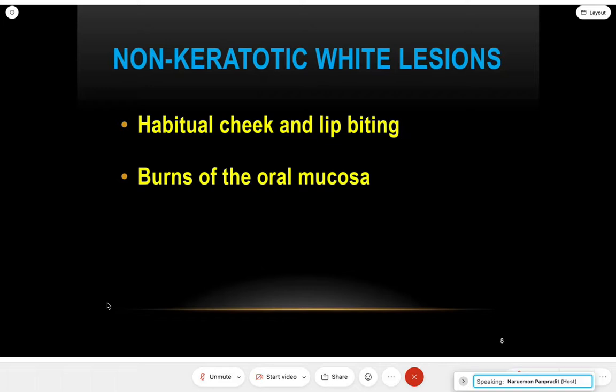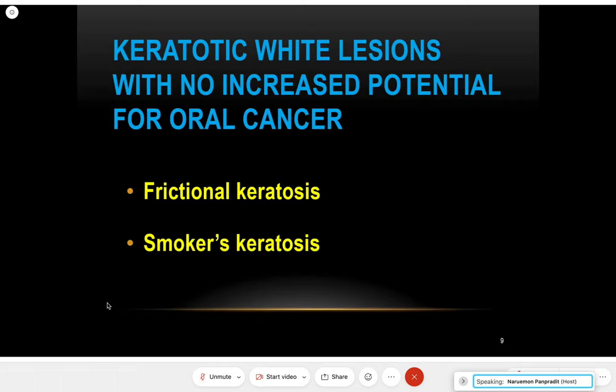Next, for non-keratotic white lesions, I will explain habitual cheek and lip biting and burns of the oral mucosa. For the keratotic white lesions with no increased potential for oral cancer, that means you can see the appearing character is a white lesion, but this group is not related or has no chance to change to oral cancer.